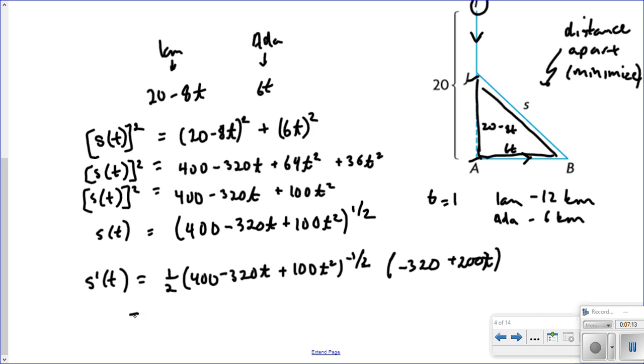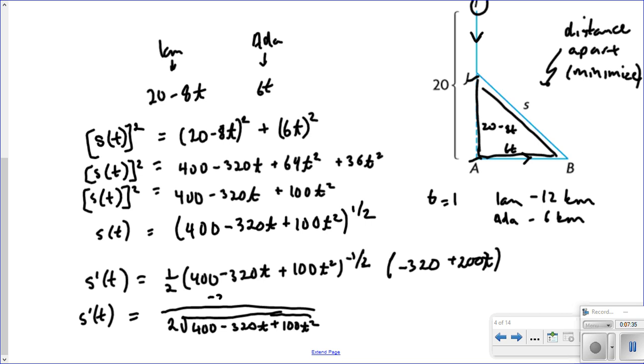Okay, this is a rational function. Down below I have 400 minus 300t plus 100t squared, and in the top I have negative 320 plus 200t.